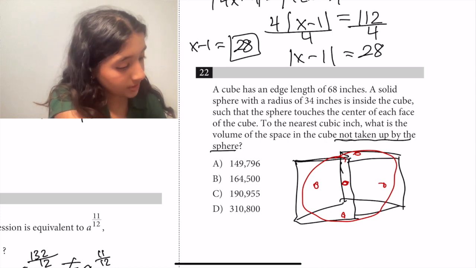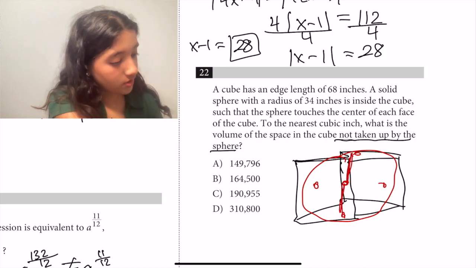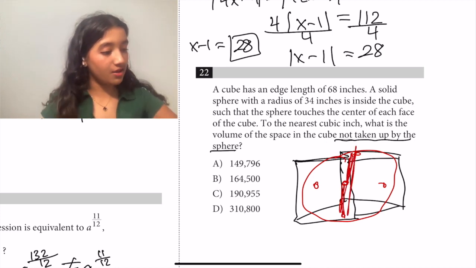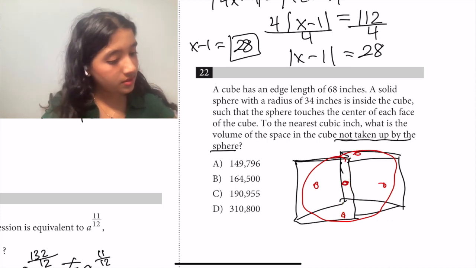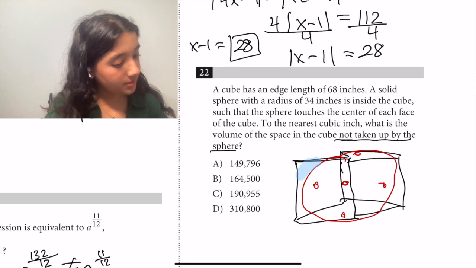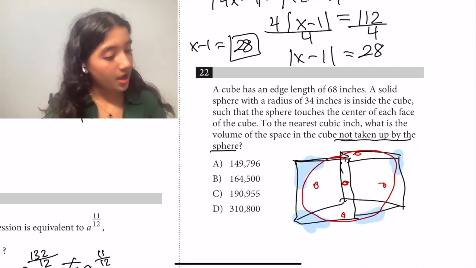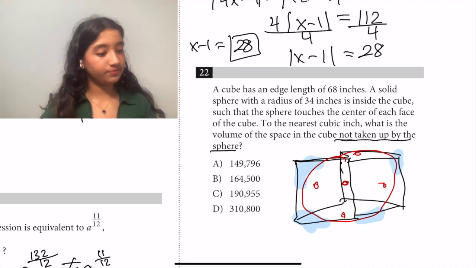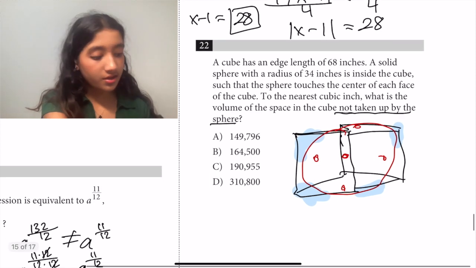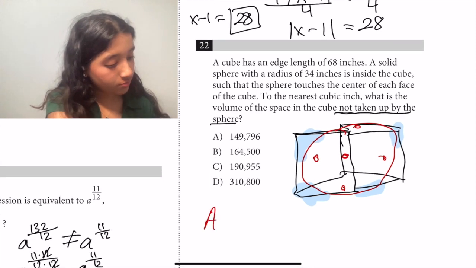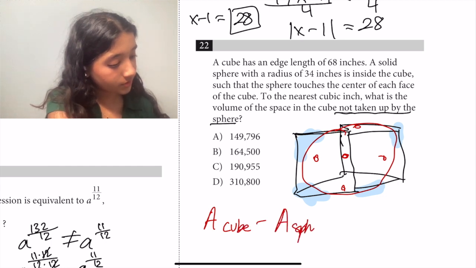And we know that because the radius is 34, the diameter is 68, which is the same as the side length of the cube. And we want to find the volume that's outside of the sphere, but inside of the cube. And we can do that because the sphere is entirely encapsulated in the cube. We could just take the volume of the cube and subtract the volume of the sphere.